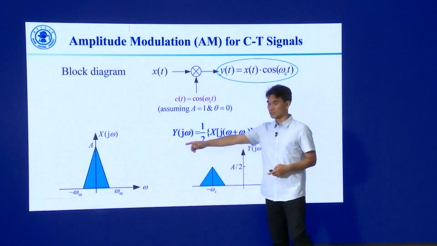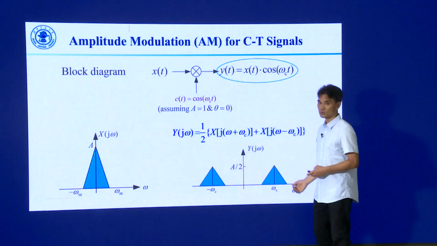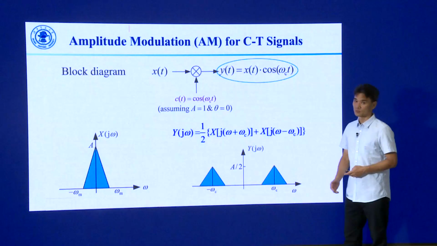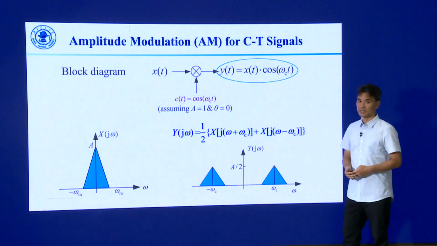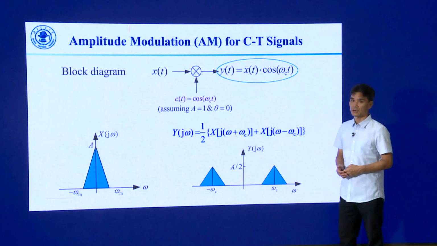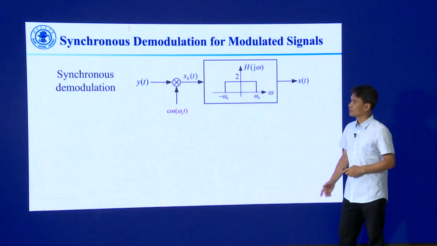It is split into two parts, one shifted to the left, the other shifted to the right. That is a graphic representation of the spectrum. So we get the modulation done. And this frequency can be really high, helping us transmit it easily.